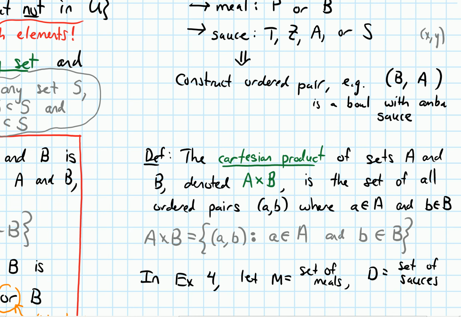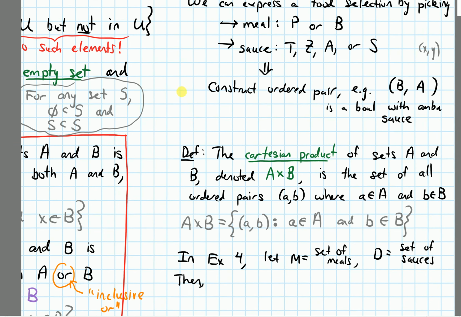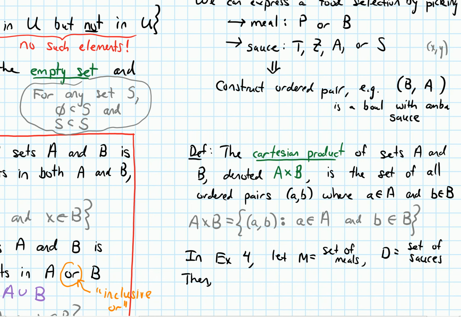Then, let me zoom it out a little bit so I can still see the meals and the sauces. Then, M cross D. So that Cartesian product, what's everything that's in it? Well, for the meal, so I'm going to write the meal first. I could pick a pita sandwich, so I can write P, and then I pick one of the sauces to go after it.